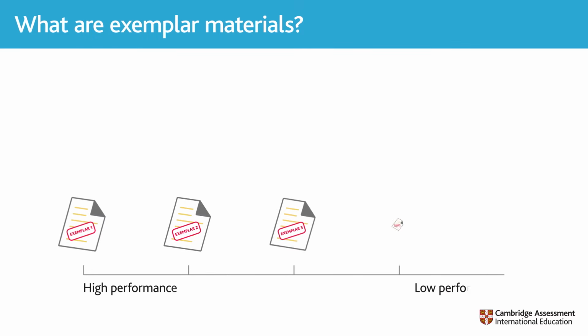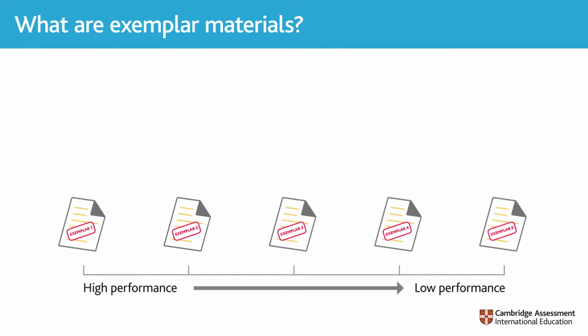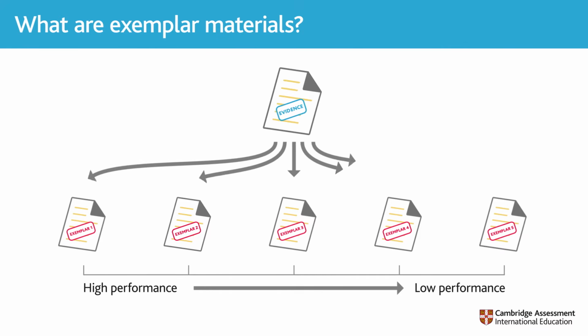We provide all our examiners with a set of exemplar materials, which show the performance level expected at regular points throughout the mark range. They compare each piece of evidence from a candidate's portfolio to the exemplar materials. We only share exemplar materials with examiners to protect candidates' identity.